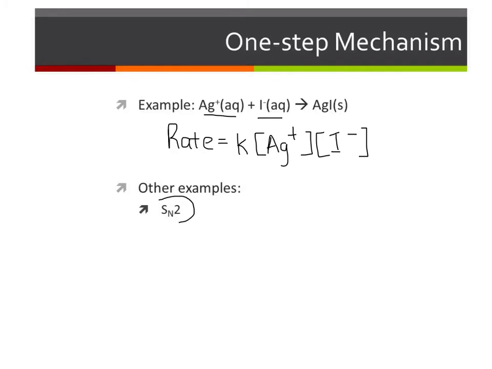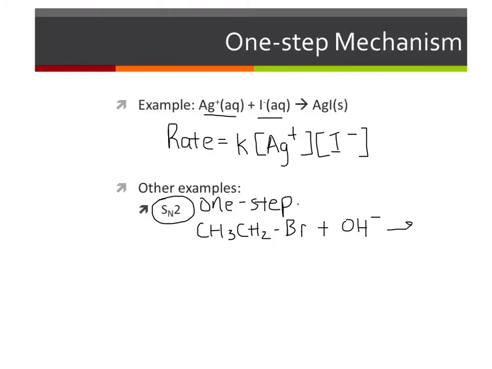Another example, and this is where IB likes to link back to organic chemistry again, is our SN2 mechanism. Remember that this happens in one step. And this is a primary halogenoalkane. So let's just use this one here, plus a sodium hydroxide, we'll write an OH−, and that gives us our primary alcohol plus a Br−.